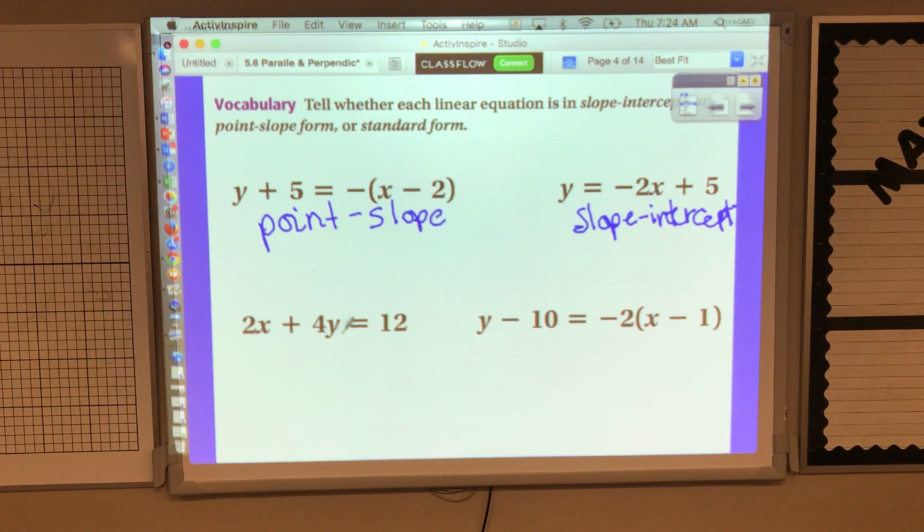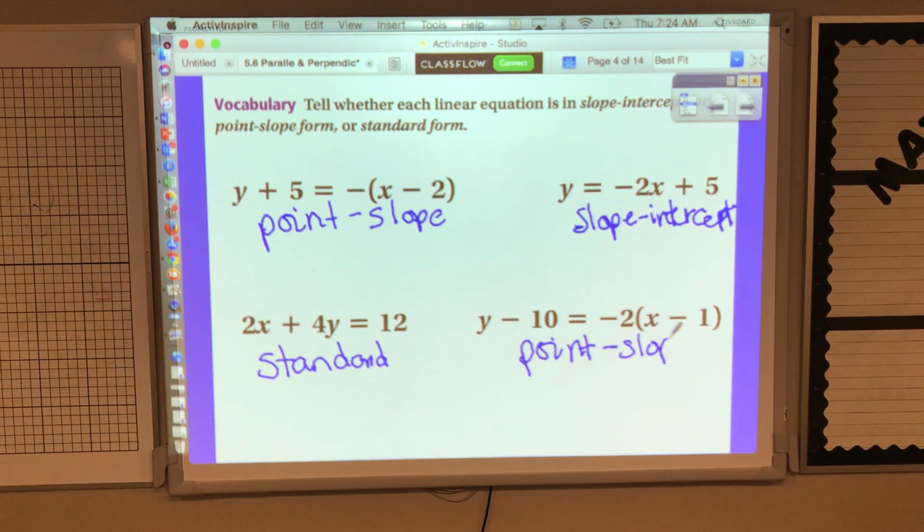Ax plus by equals c is standard form. And again, y minus y1 equals m times x minus x1 is point slope.